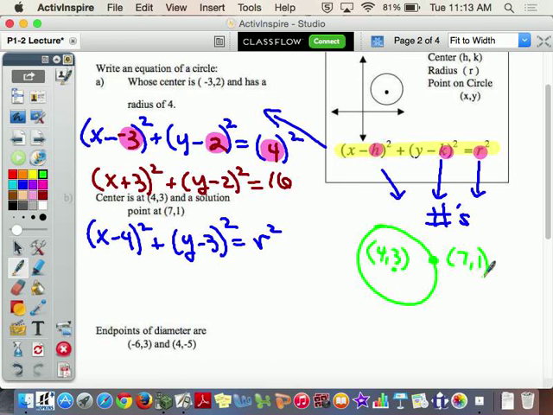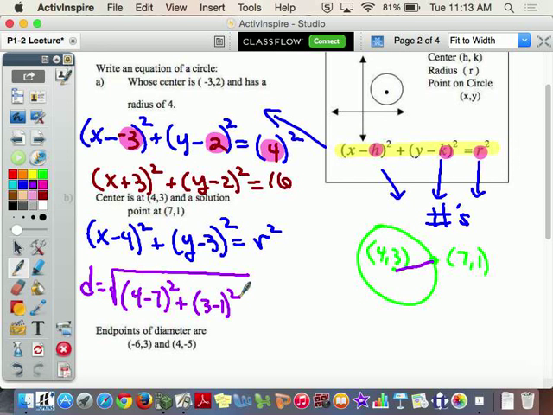Excellent, the distance formula. So I'm going to use the distance formula, and I'm going to find the distance from 4, 3 to 7, 1. So the distance would be the square root of 4 minus 7 squared plus 3 minus 1 squared.